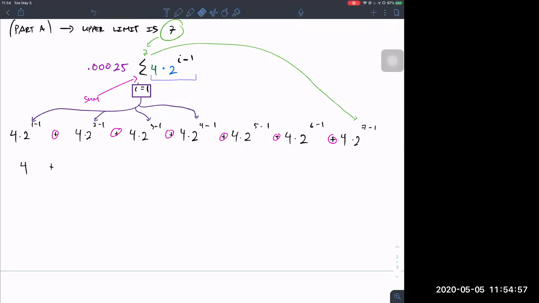If you're calculating this on a calculator, this is 4 times 2 to the 2 minus 1. That's just 4 times 2. For this one, 4 times 2 to the 3 minus 1, that's just 4 times 2 squared. So if you do 4 times 2 to the second power on your calculator, there shouldn't be any need for parentheses.